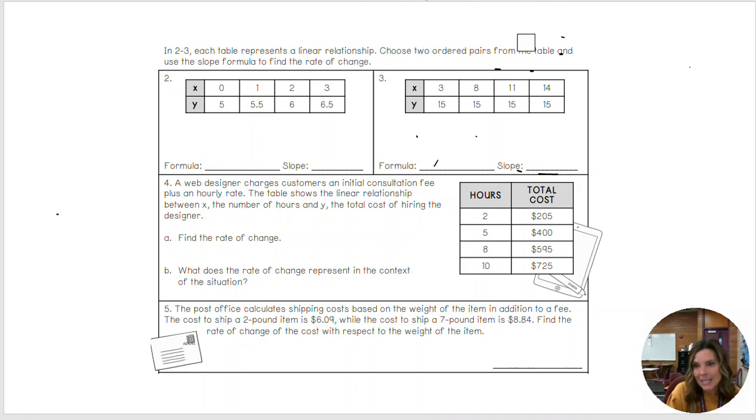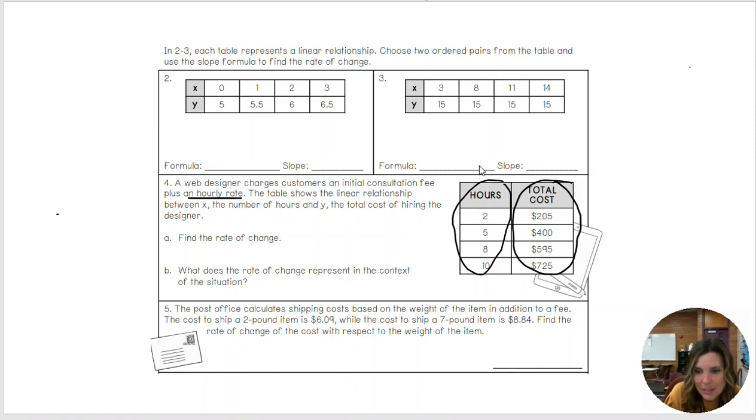And the way that website designers get paid is they get paid for the first initial visit. That's called the initial consultation, where you talk to them about what you want your website to look like. And then after that, they get paid per hour. So you can see in this table, as the number of hours increases, the total cost of having the website designer do the work increases, which makes sense.